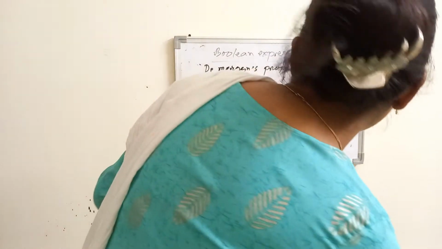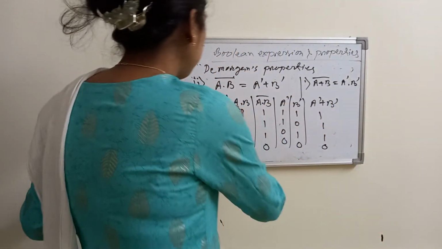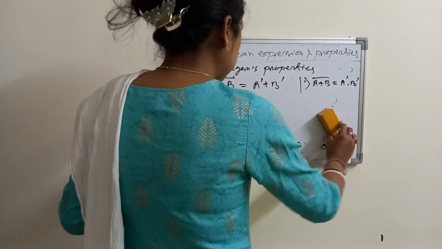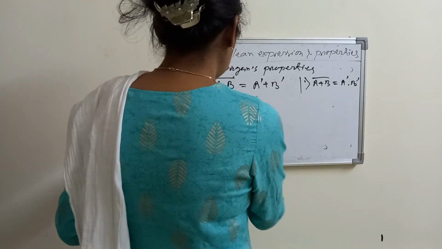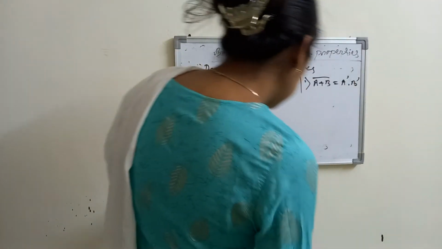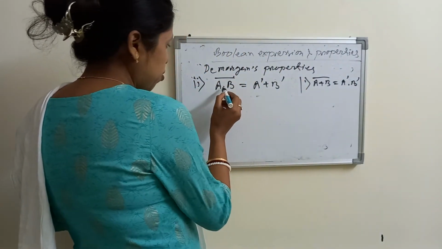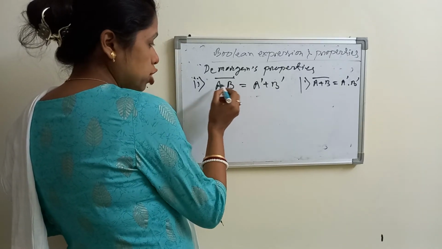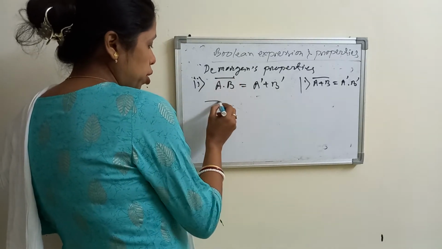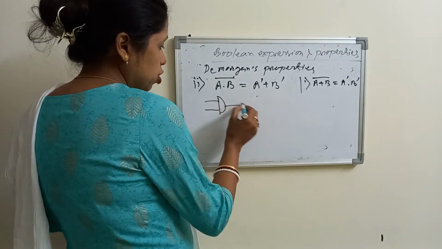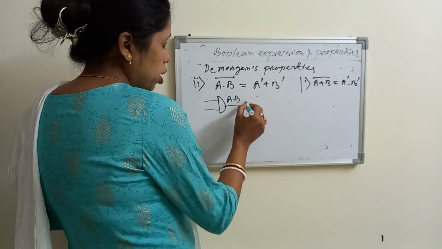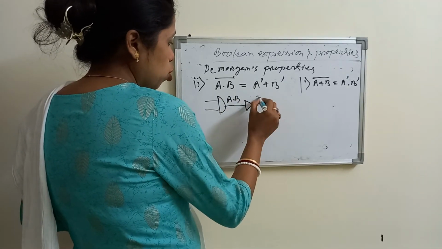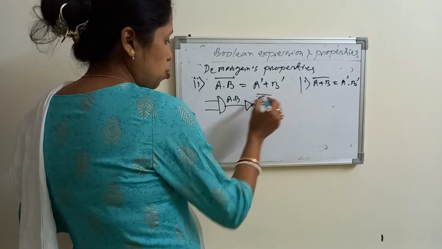Now you want to draw the logical circuit diagram. I am drawing here. First we have to do logical multiplication, then complement. So I am doing the logical multiplication to get A dot B. Now I am complementing, putting a NOT gate: A dot B complement.